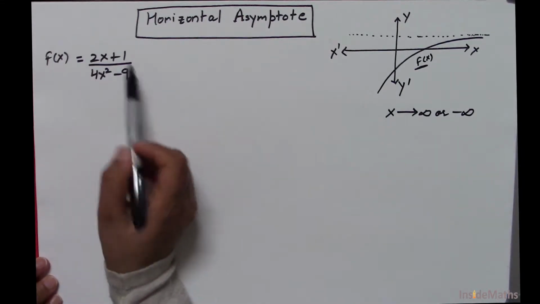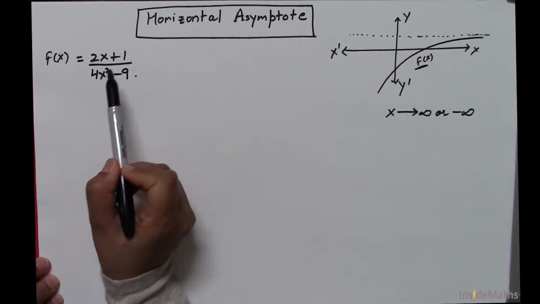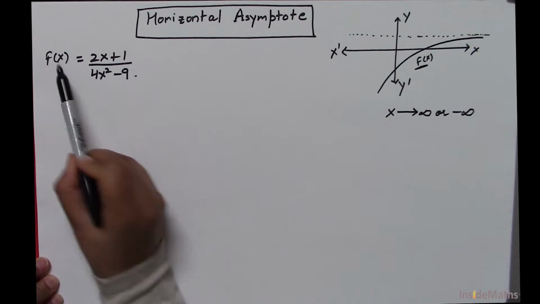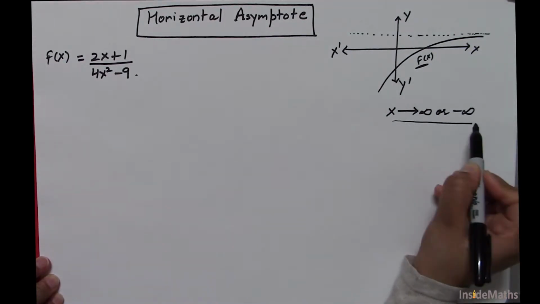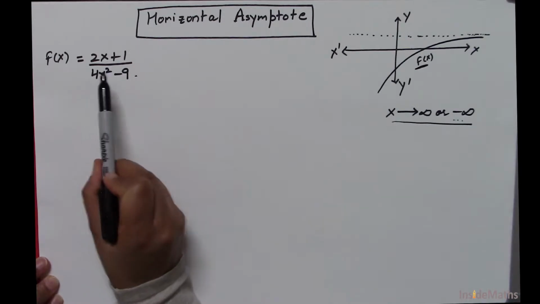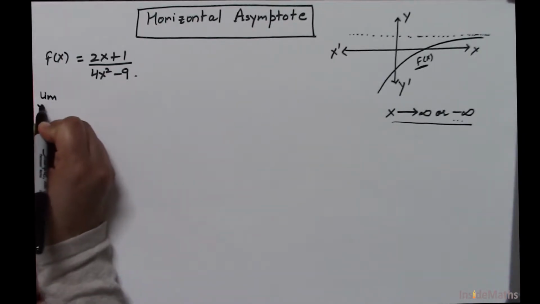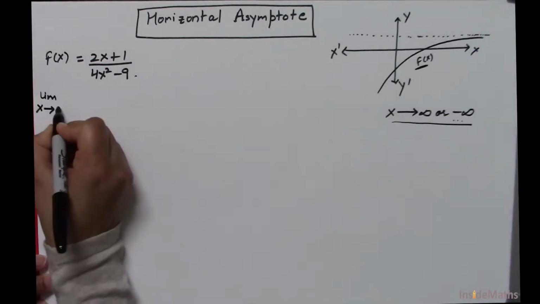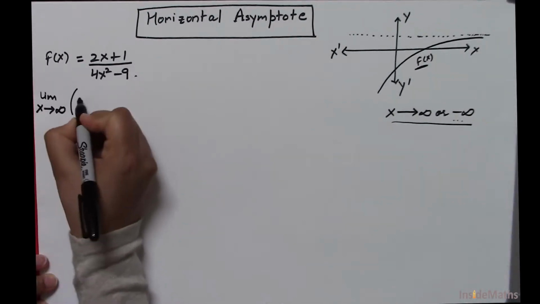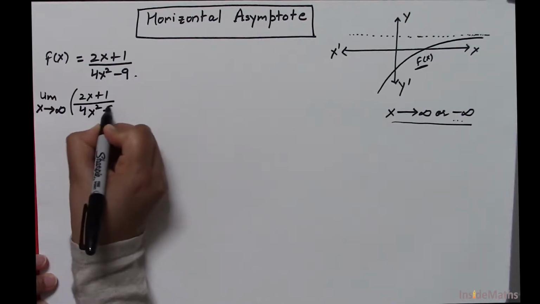Now, to find the horizontal asymptote of this function, we have to check the behavior of this function when x is approaching positive infinity or negative infinity. That is the end behavior of this function. So that means I have to find the limit of this function when x is approaching infinity. So 2x plus 1 over 4x square minus 9.